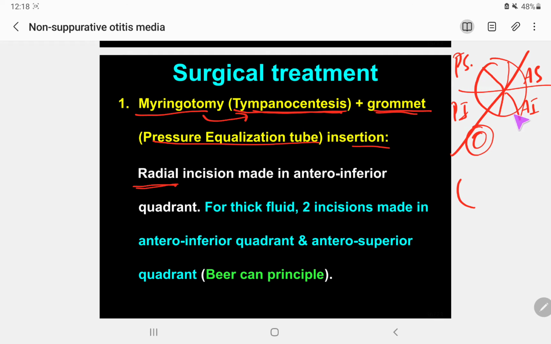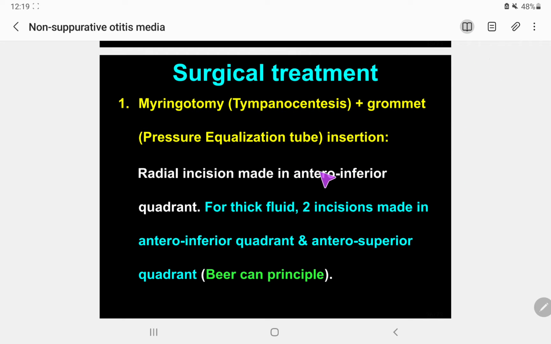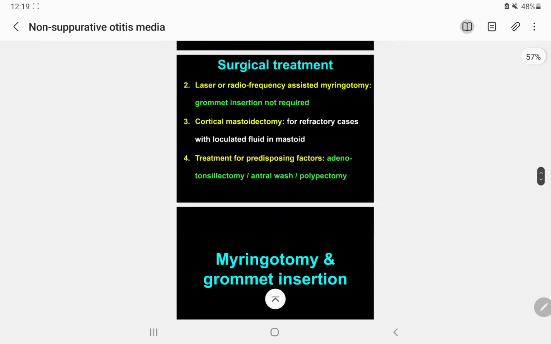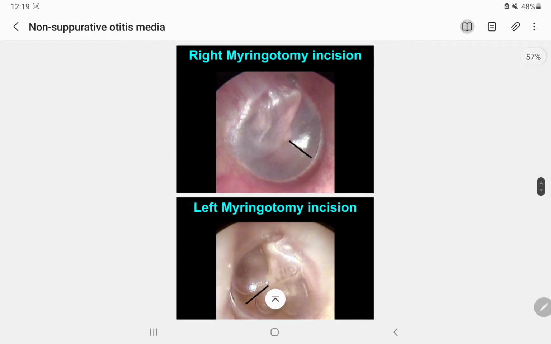So in the anterior inferior quadrant, we can put a radial incision. We will see that below as well.